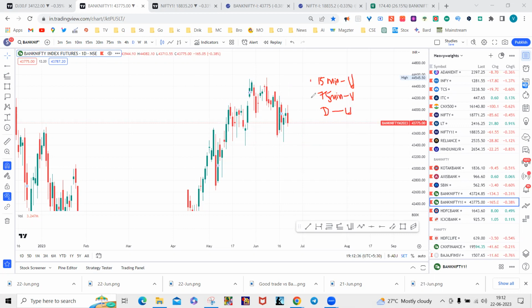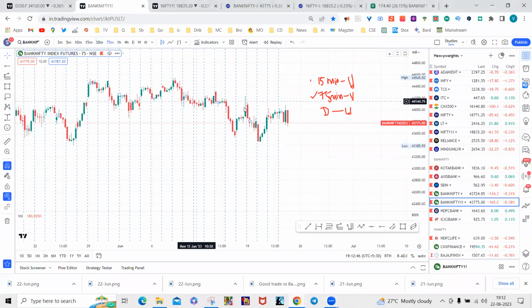Once this 75-minute time frame changes to an uptrend, which as of now is still range bound, you can see what I explained: I want this high to break and create a higher high. Then the 75-minute time frame will become an uptrend, that will trickle into the daily, and that will change the sentiment towards the upside.